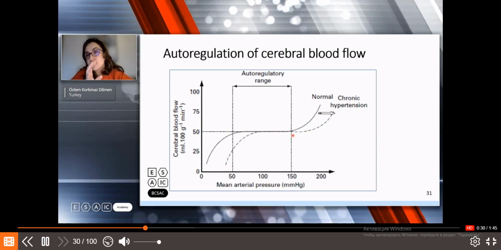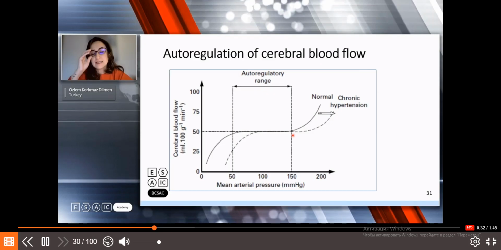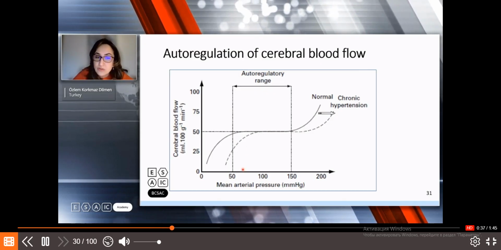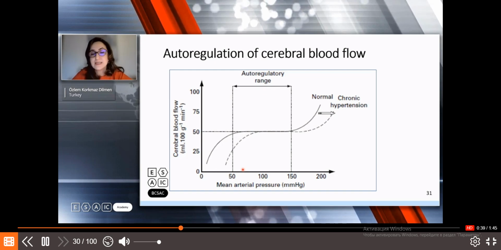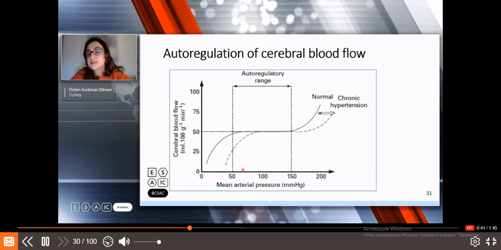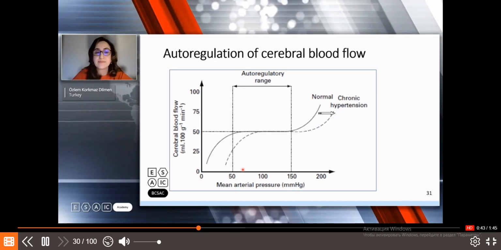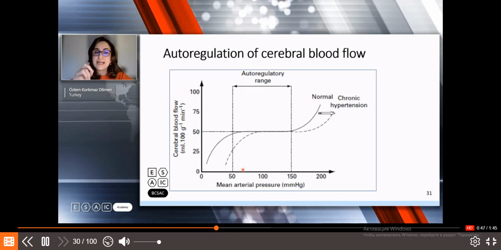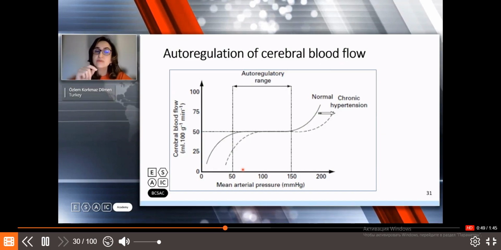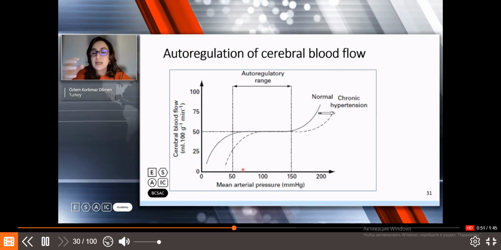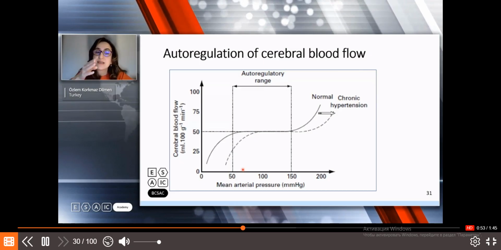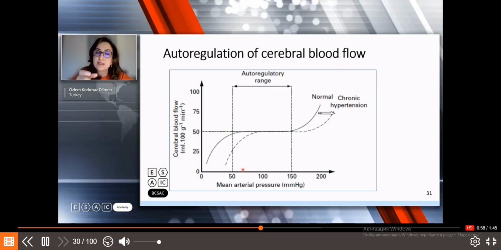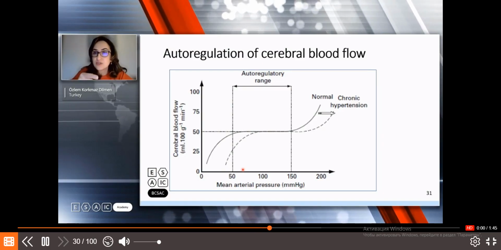Actually, this is textbook knowledge, and in some textbooks, the upper and lower limits of the mean arterial pressure are given as 70 to 130 mm mercury. But nowadays, we know that each person has their own autoregulation curve, and each patient's lower and upper limits of the autoregulation curve are changing.